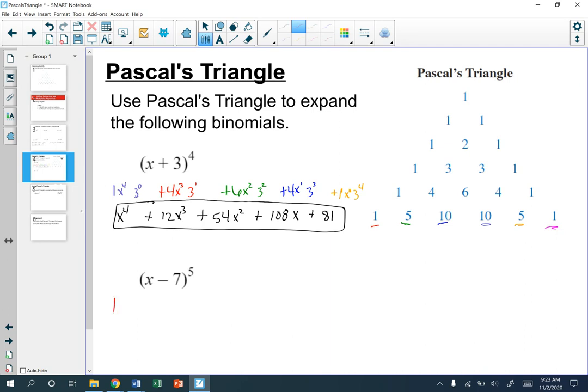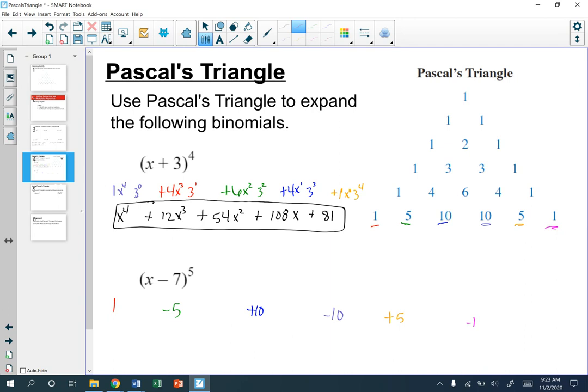So 1, and then minus 5. That's because we are subtracting in our binomial. Plus 10. And then minus 10. Plus 5. And minus 1 at the end there.